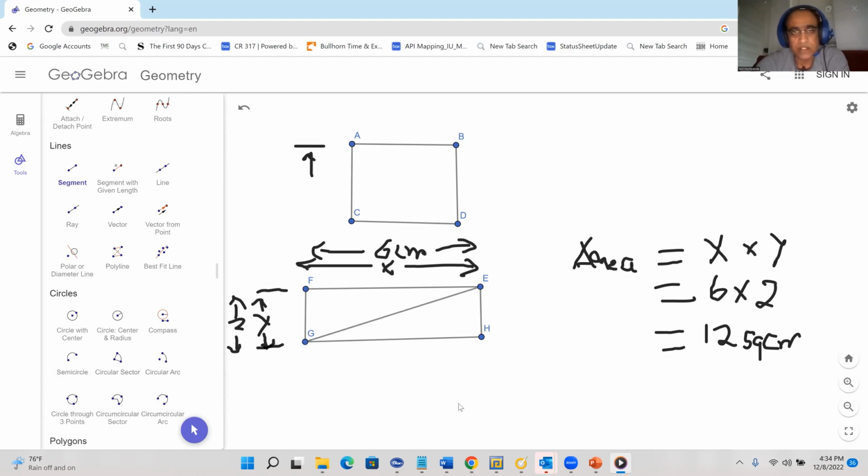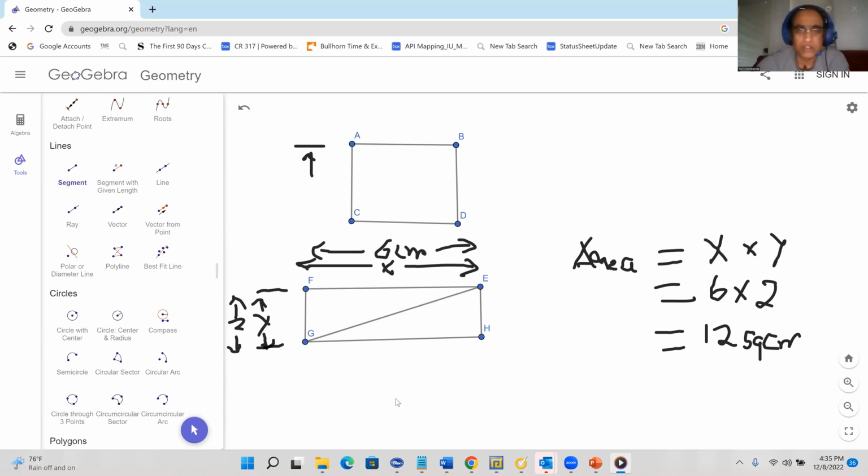Perfect. So now I have exactly divided this rectangle into half. It looks like one triangle is sleeping on another triangle, right? Or one triangle is kept on another triangle in an inverted way. See the imagination.